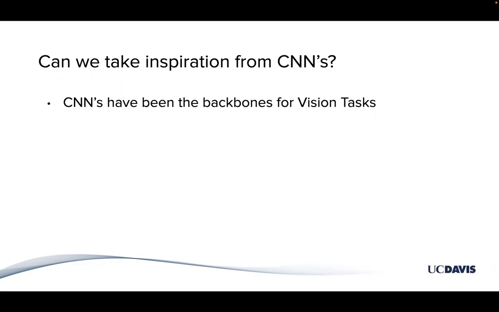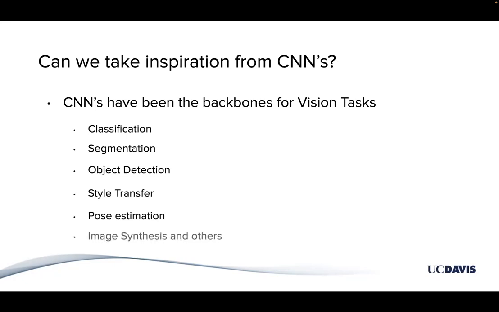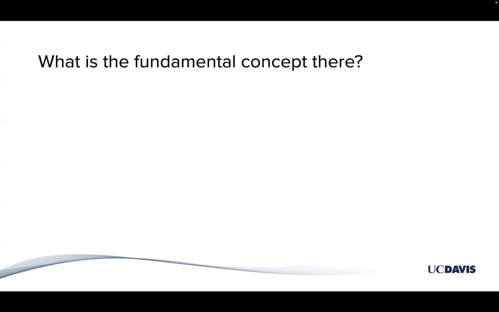CNNs have been most widely used not only for image classification, but also segmentation, object detection, style transfer, pose estimation, image synthesis, and other tasks as well. So what is the fundamental concept that CNN has that made it so successful at all these tasks, not only at classification, but also others?